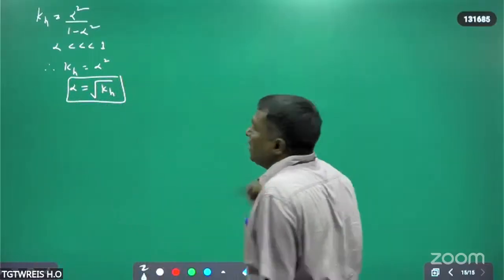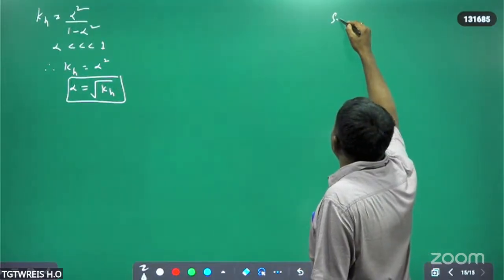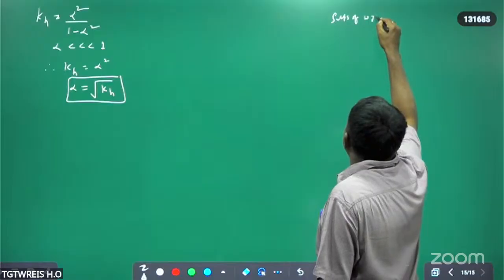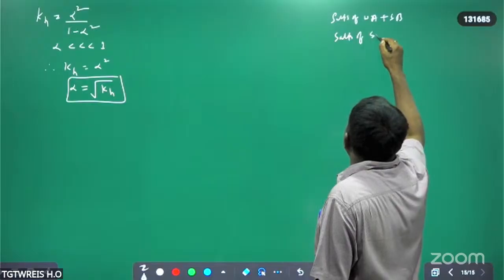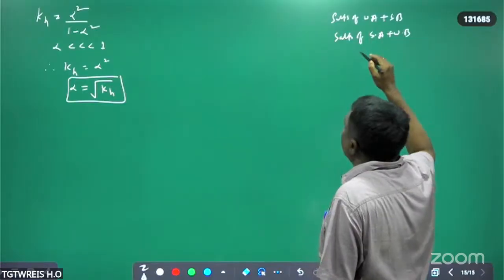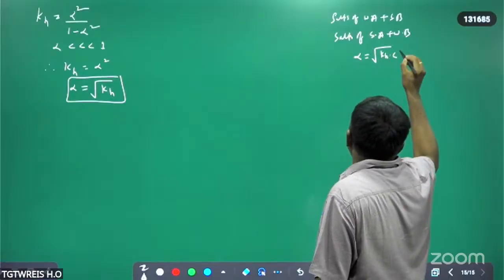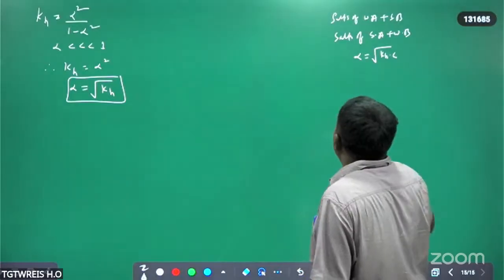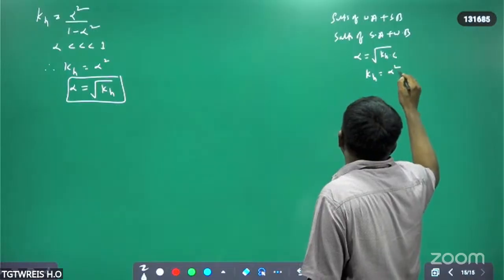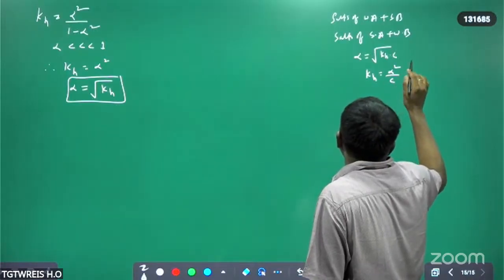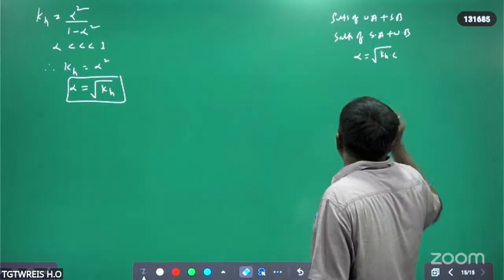But in the case of salts of weak acid and strong base, and salts of strong acid and weak base, alpha is equal to under root KH by C, since KH is equal to alpha square C.